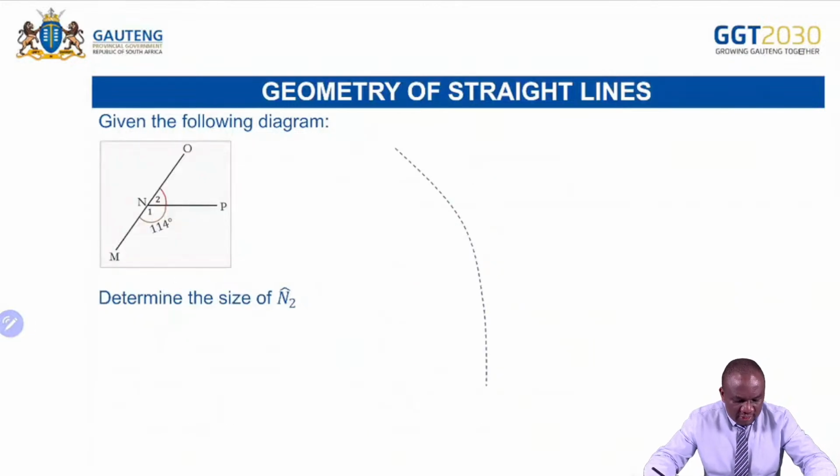The next question says, given the following diagram, determine the size of angle N2. Let's do that in 2 minutes.